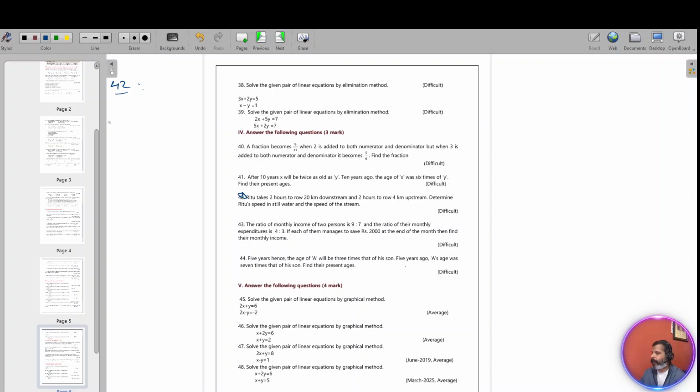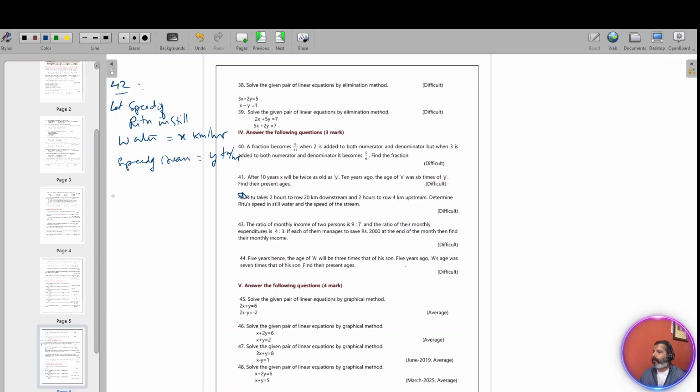So what we can say is, let the speed of Ritu in still water be x kilometers per hour. Speed is always distance by time, so you write the unit as kilometers per hour. Then the speed of the stream is y kilometers per hour.